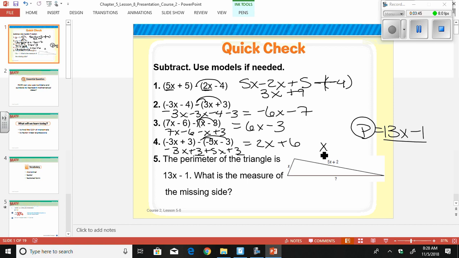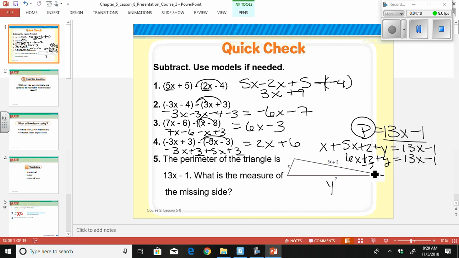So if I have x plus 5x plus 2, and I'll call the missing side some other letter, I'll call it y here, equals 13x minus 1. So x plus 5x is 6x plus 2 plus y is equal to 13x minus 1.